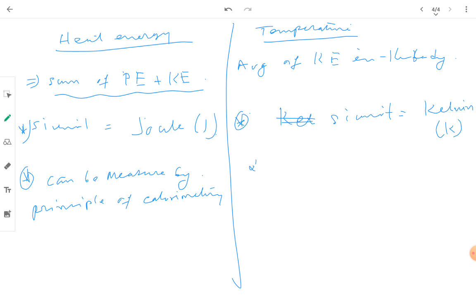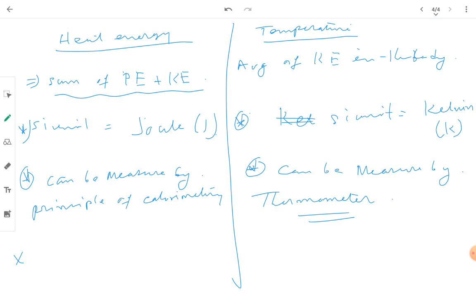And temperature can be measured by using a thermometer.